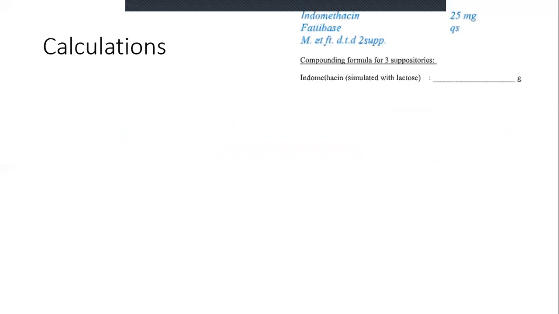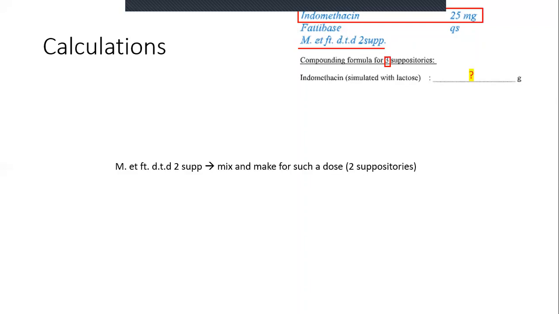So for our first calculation, we will start with indomethacin. Remember, the formula we had called for 25 milligrams. That was in 1 suppository, according to our compounding directions. What we need to do is figure out how many grams we will need for our desired quantity of 3 suppositories. So here we have our reminder of what our compounding instructions translate to.